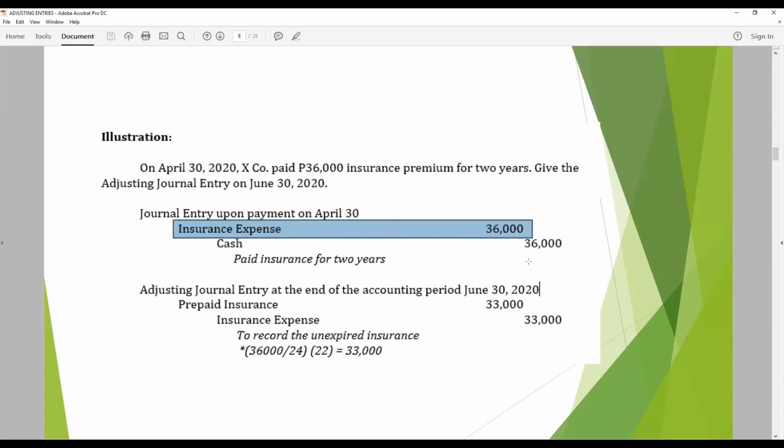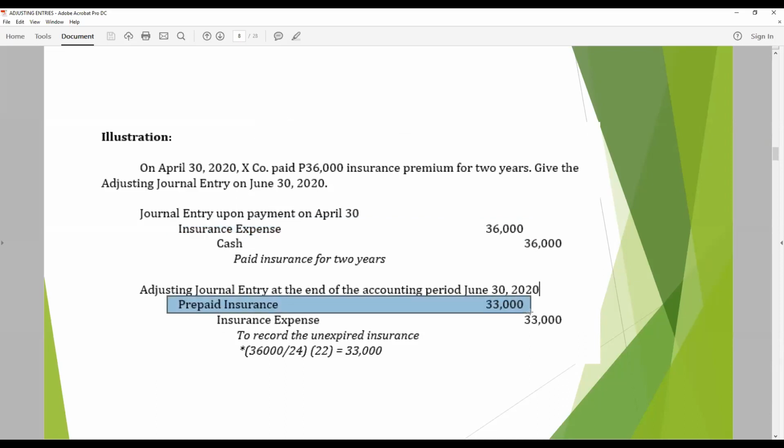So, your journal entry at the end of the year is ide-debit nyo ang unexpired portion ng insurance. Paano nyo ma-record yung unexpired portion? Ma-compute ang unexpired portion?